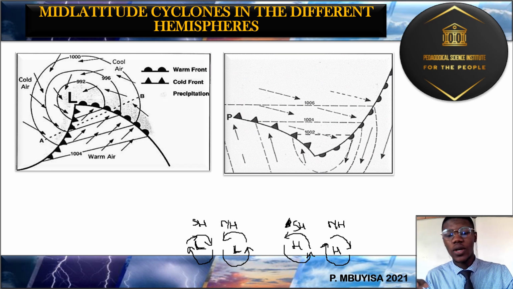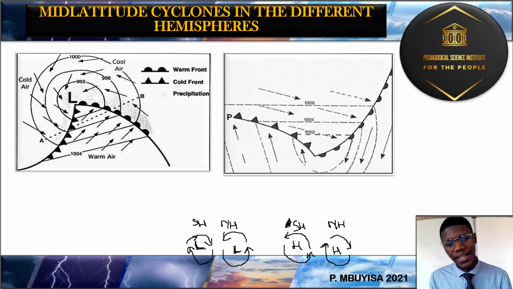Now I want us to apply this knowledge onto our mid-latitude cyclones. One of the things we also need to remember with low pressure systems is the pressure gradient force. Remember, it's a law, pressure gradient force.